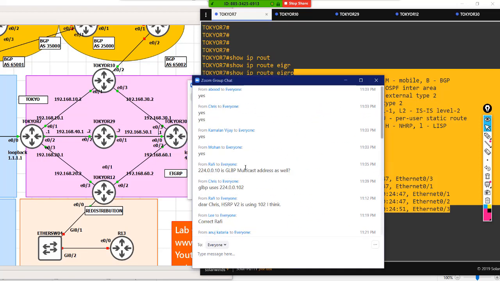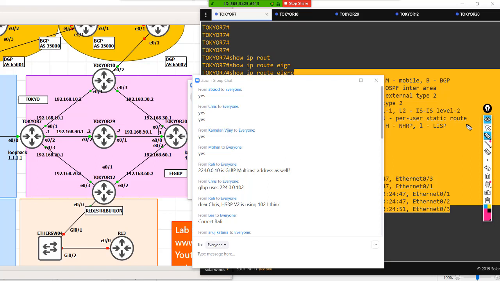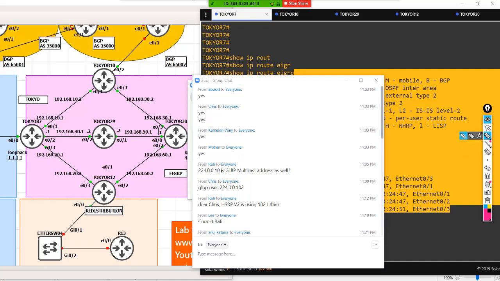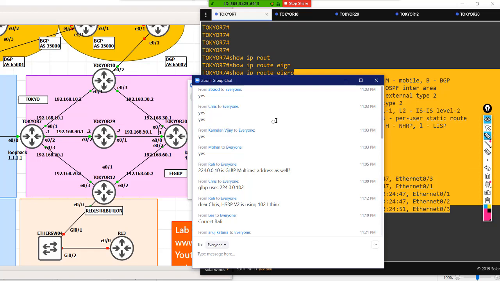Okay, so let me quickly go through this. GLBP multicast was not 10, it was 2 and 102 if I'm not wrong.